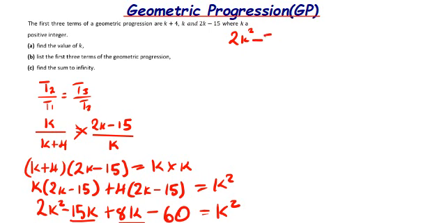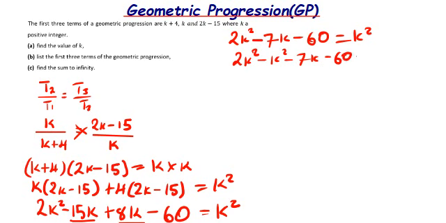We're going to have negative 7k, and that will be negative 60, which will be equal to k squared. As you can see, k squared and 2k squared can add or subtract as well because they are like terms. So 2k squared minus k squared, you have negative 7k there, negative 60 will be equal to 0. So 2k squared minus k squared is k squared minus 7k minus 60, which will be equal to 0.